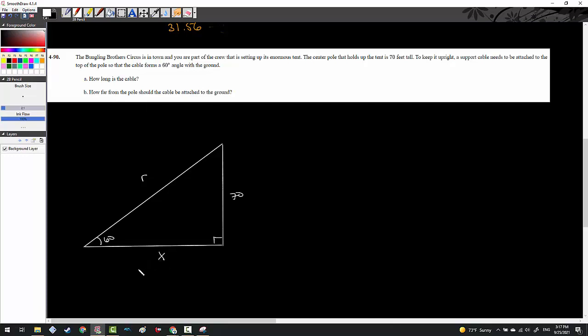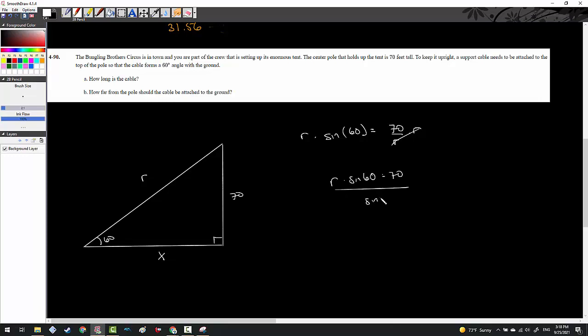This one's a lot more straightforward than the Emily dangling from the mountain problem. So I'm going to use a trig function to solve for R first. From here, I've got an angle, opposite, and hypotenuse. That sounds to me like sine. So sine of 60 is going to be equal to 70 over R. I'll multiply both sides by R. So R times sine 60 is equal to 70.